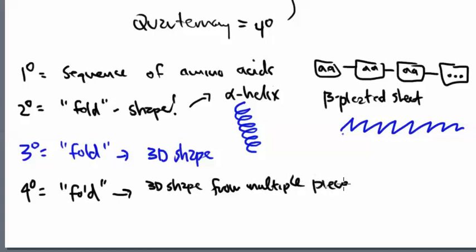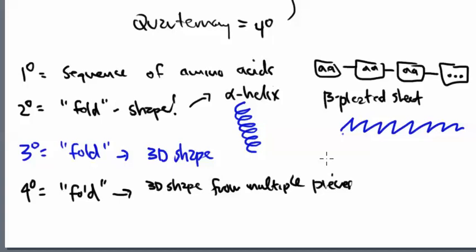And we want to know what those multiple pieces are doing with each other. So there is the difference between primary, secondary, tertiary, and quaternary. And we're going to take a look at each one of these in a little bit more detail and talk about really the logistics behind each one. And we're going to start with primary first, and then we'll go to secondary, tertiary, and then quaternary is how we'll end the lecture and the video series up.